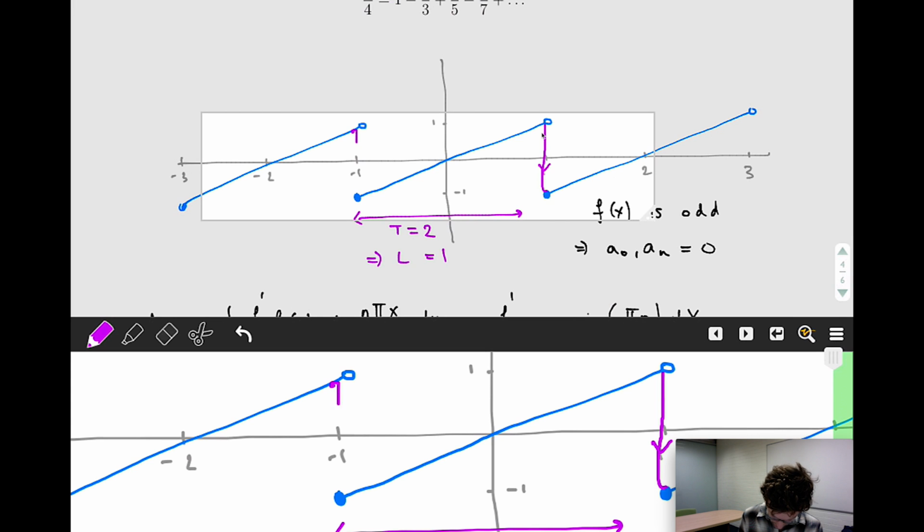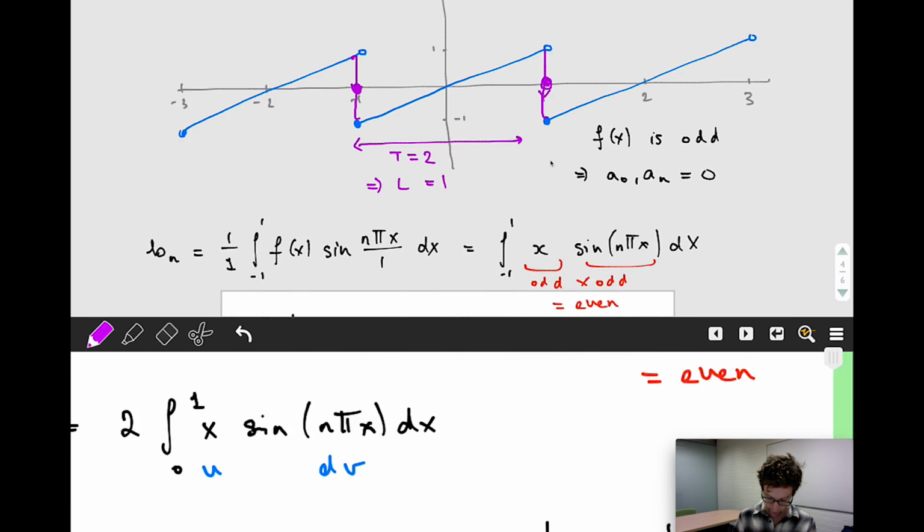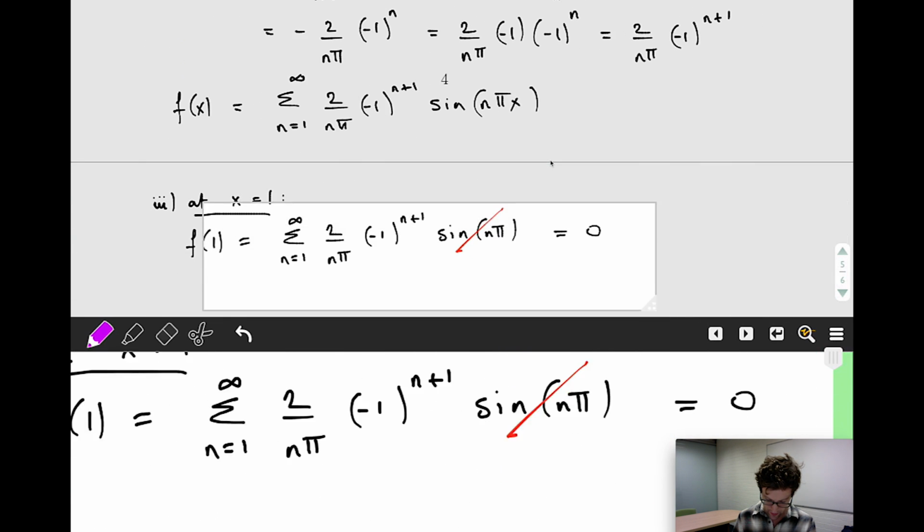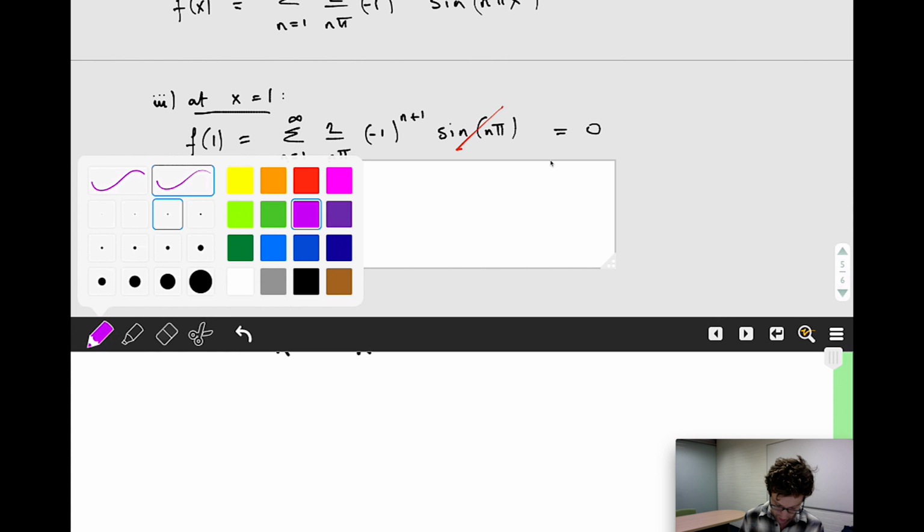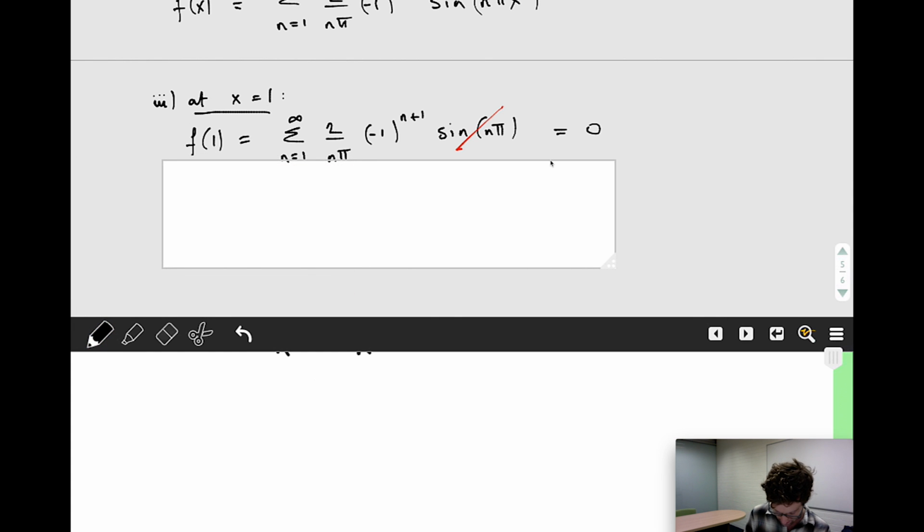So how does it figure out what the value is at x is equal to 1? Well, it just takes the value halfway between.